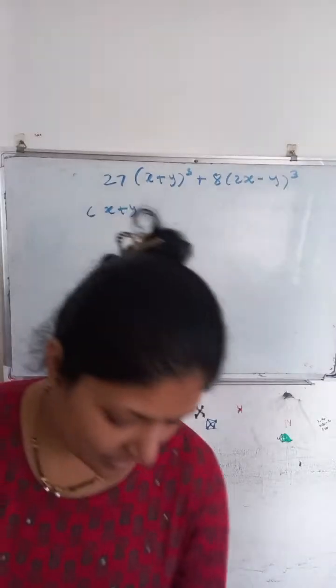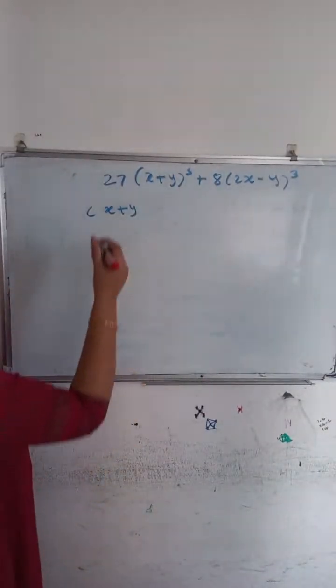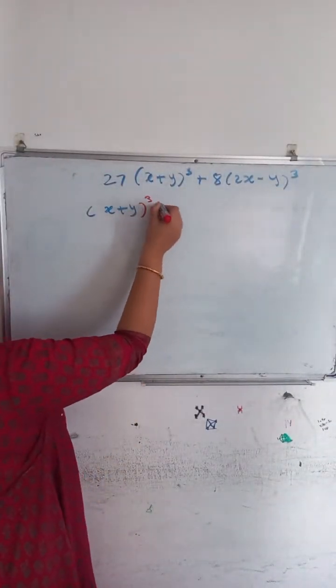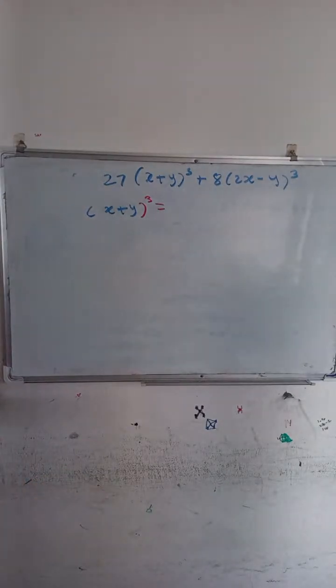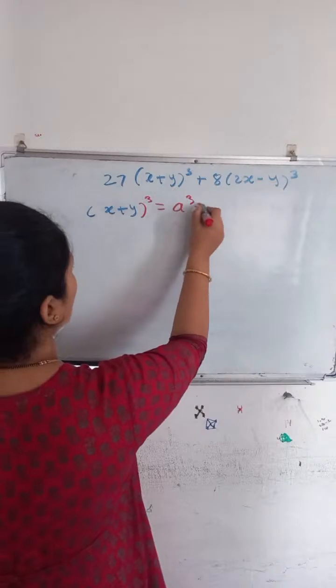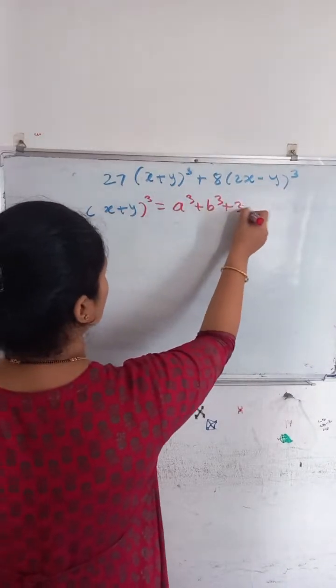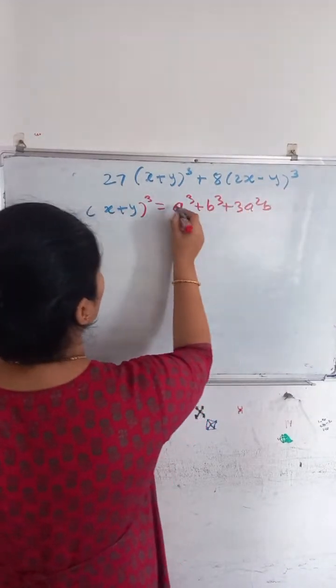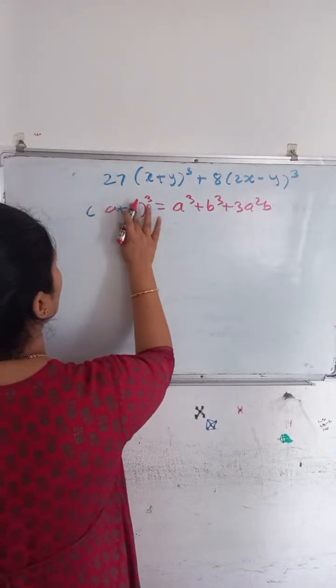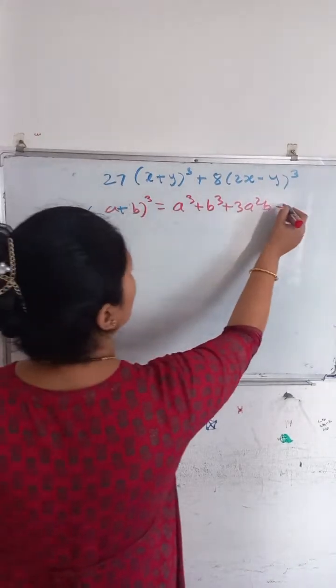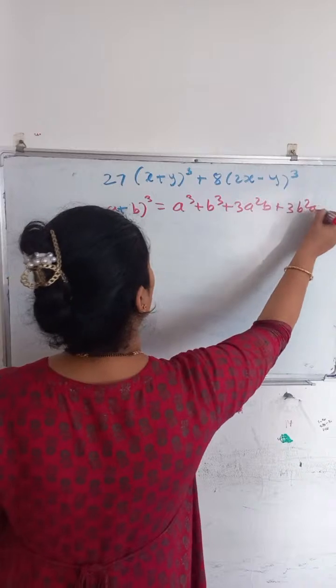So (x plus y) cube is nothing but what is the formula? We have a cube plus b cube plus 3a square b, or here I will make this a, this is b, plus 3b square a.